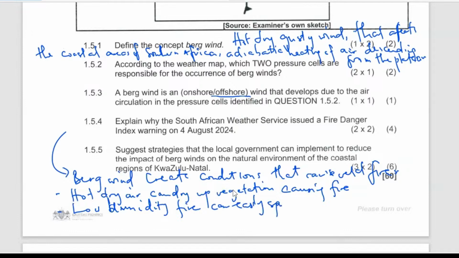And also, there will be strong winds. We said it has gusty winds, which are strong winds. And strong winds have the capability of fanning the flames and spreading fires.